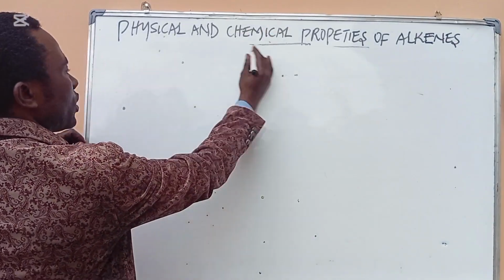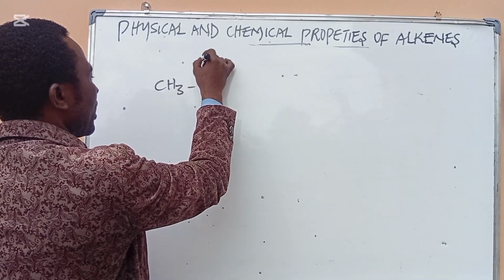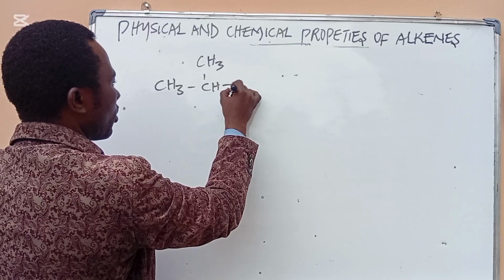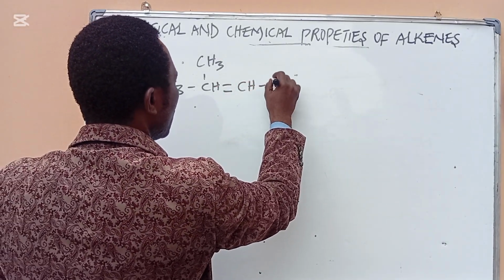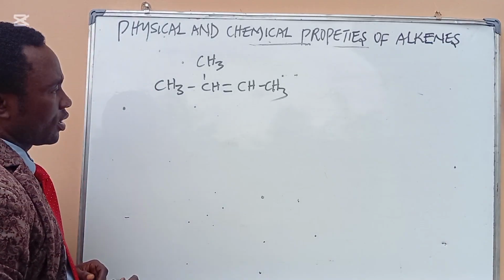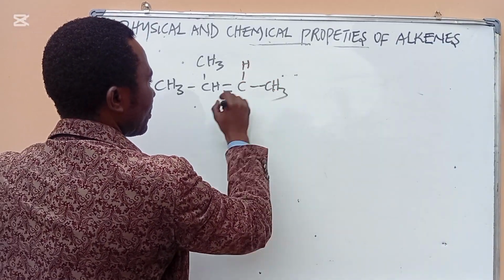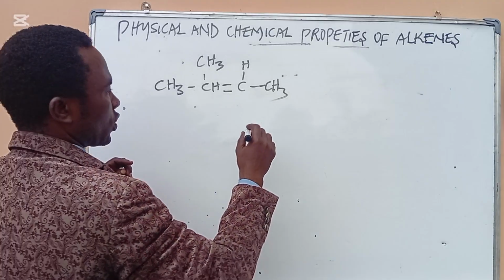Now the compound we use is CH3. You have CH, then CH3, double bond. We have CH, CH, then CH3. Now this is CH, if we like, just the same thing. Now, how do we produce our ozonide?